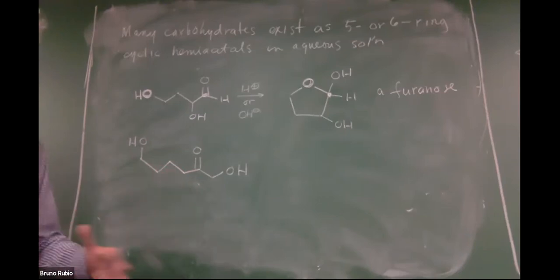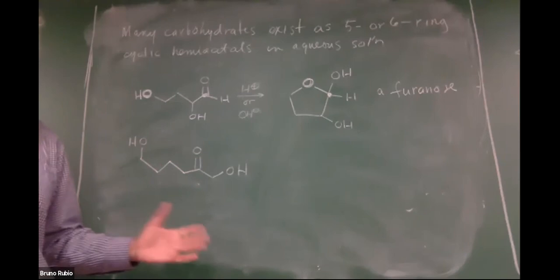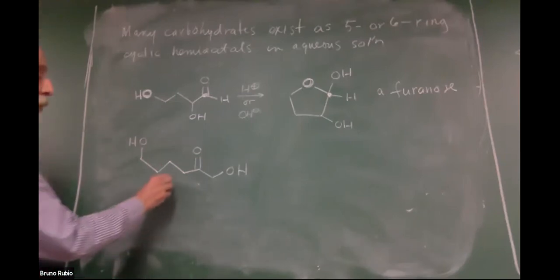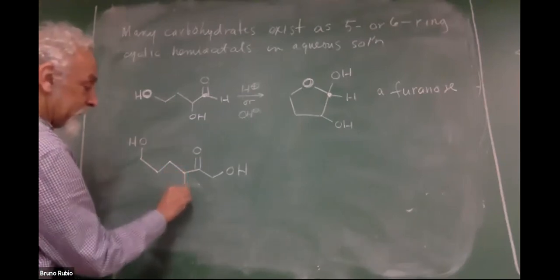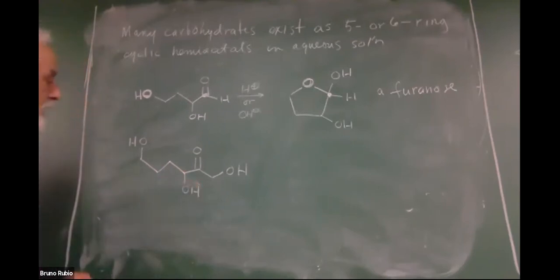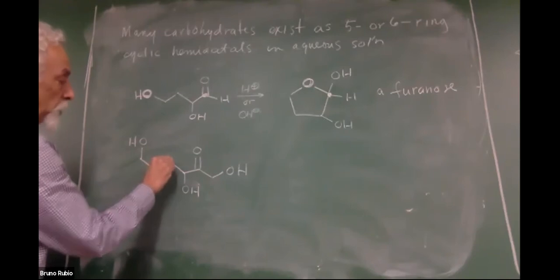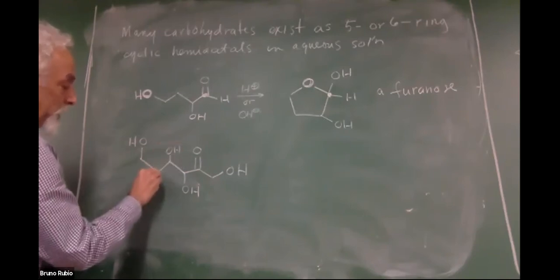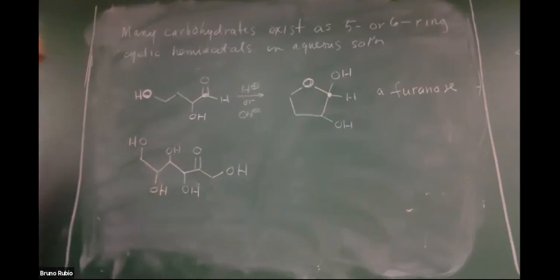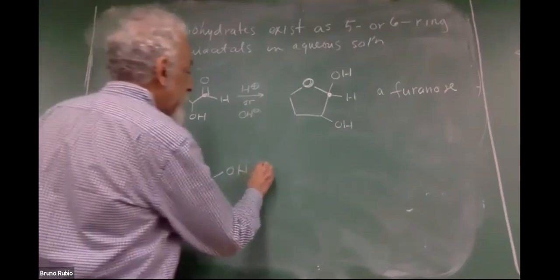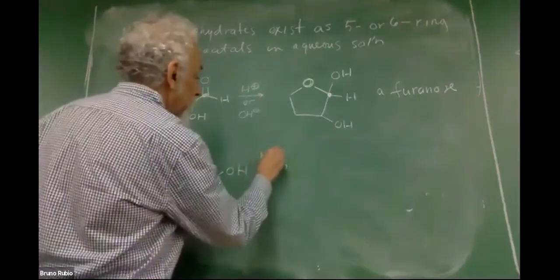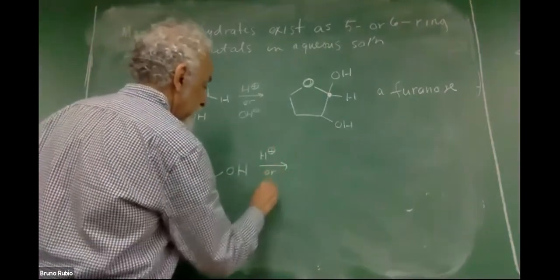When we actually look at a structure of a carbohydrate, we're going to see OH groups everywhere, or lots of it, lots of OH groups. So I'm going to put an OH group there, and maybe I'll put an OH group there, and maybe I'll put an OH group there, something like that. Lots and lots of OH groups. Okay, so this is under acidic conditions or under basic conditions, right?